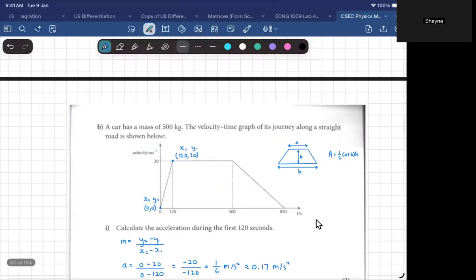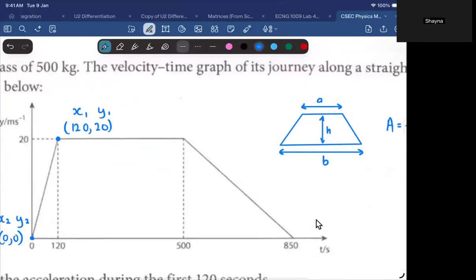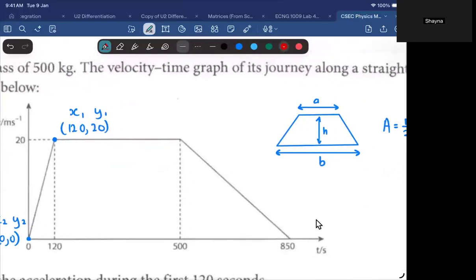So in the case of this particular question, we need to figure out the parallel lengths. We need to figure out this length, and this length. It starts from 120 and it finishes at 500. What's the difference between 120 and 500? 380. Okay, what about from here to here?